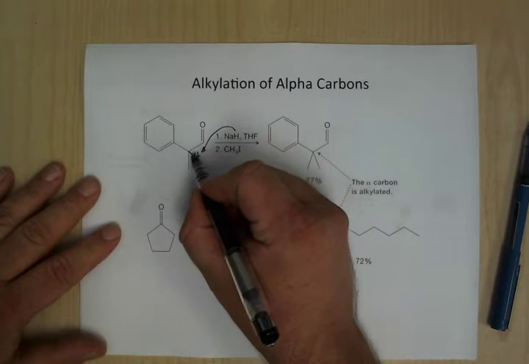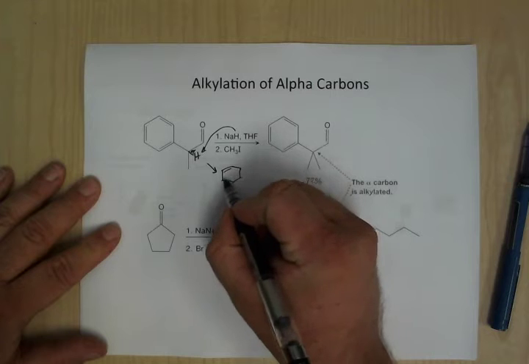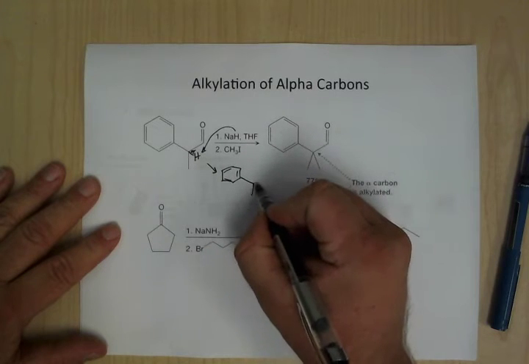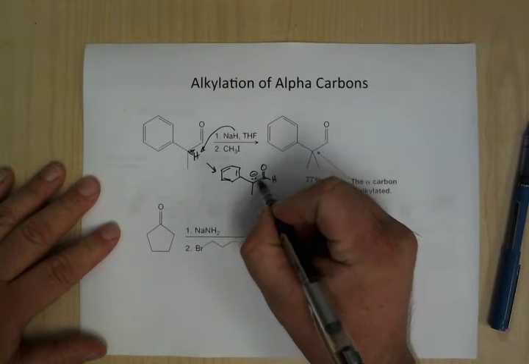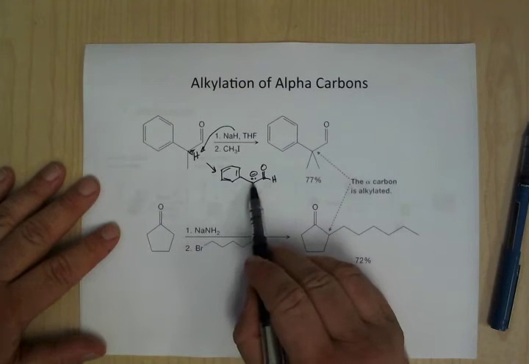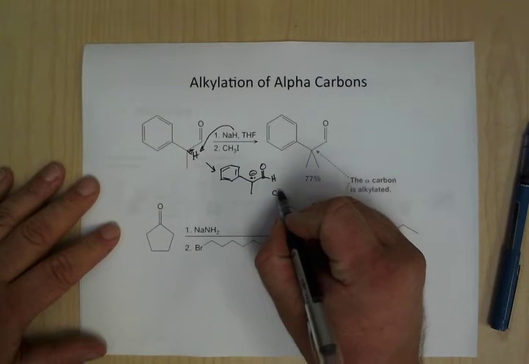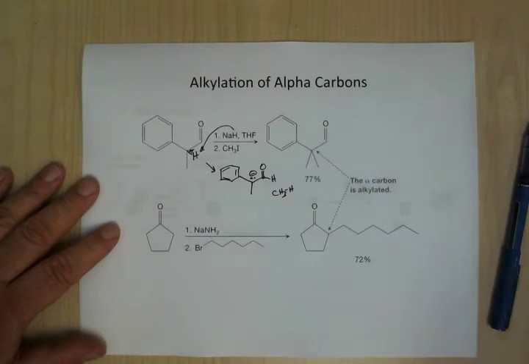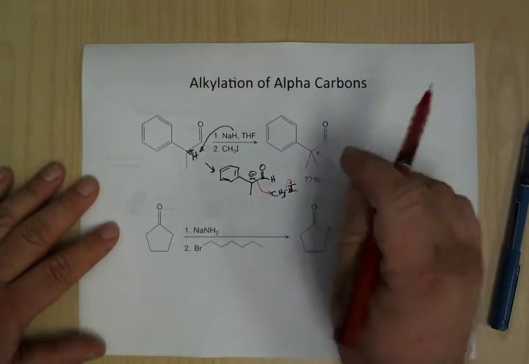It's going to grab that, push that there, and you're going to end up with that intermediate, the carbanion right next to the C double bond O, and that can come in and displace the iodine to make this.